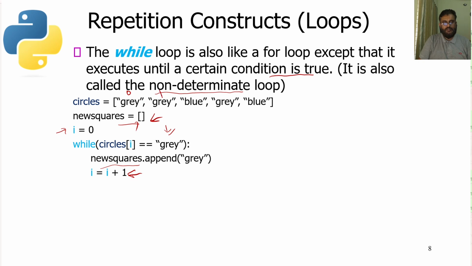Next time i will be 1, and then it will again test this condition. It is again gray, and it will append another gray to new squares by append, and when i becomes 2, the condition will become false. Therefore it will break out of the loop, and we have just 2 elements in the new squares list.